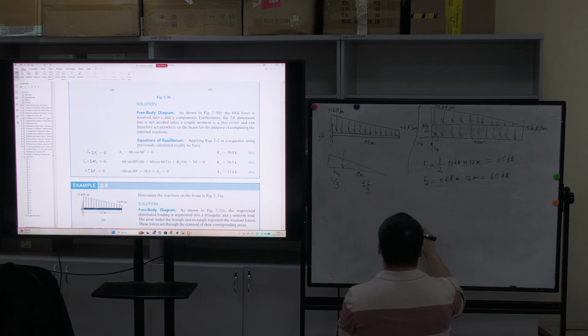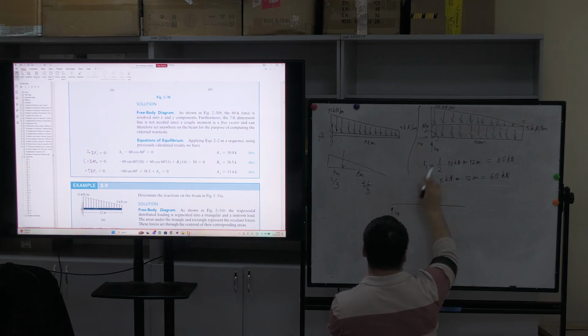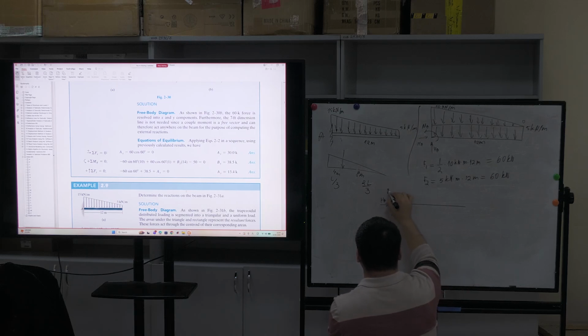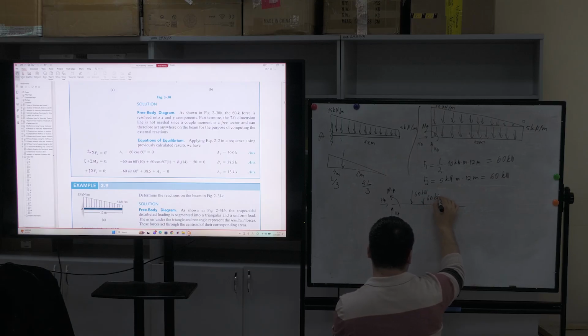And next, what I have to do, I have to draw the free body diagram. A. Okay, I have the free body diagram. HA, and here is 60 kilonewton, and here again 60 kilonewton.